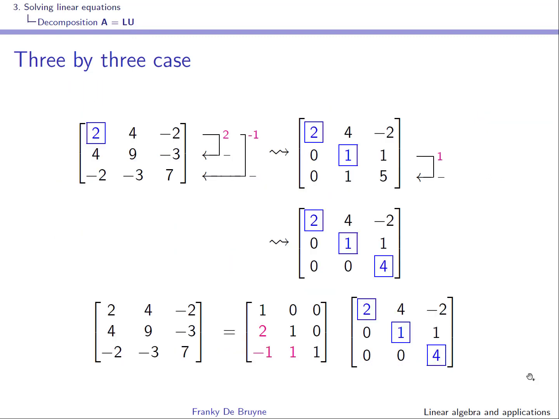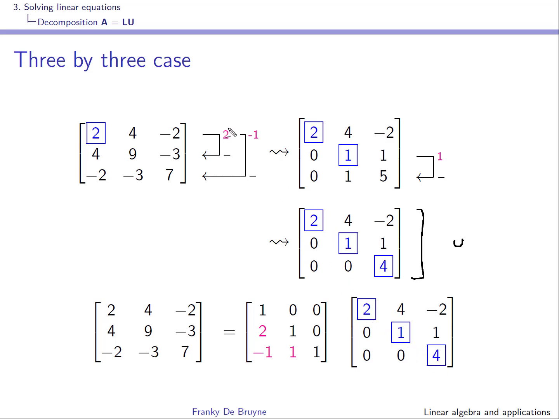Well, let us take our example that we had considered previously. Okay, so we had shown that using row operations you could obtain the matrix U, which is upper triangular, and on the diagonal you have the pivots, right?